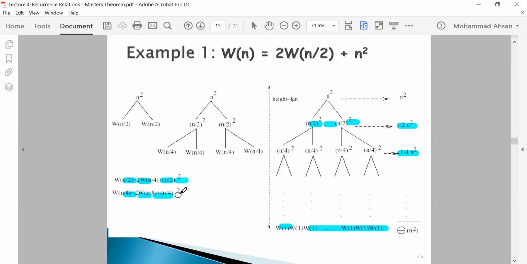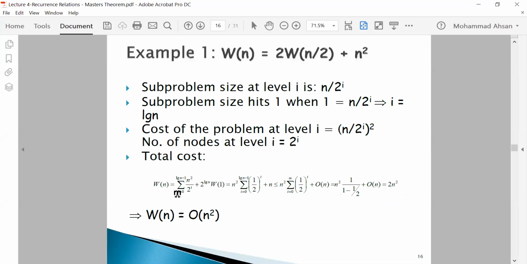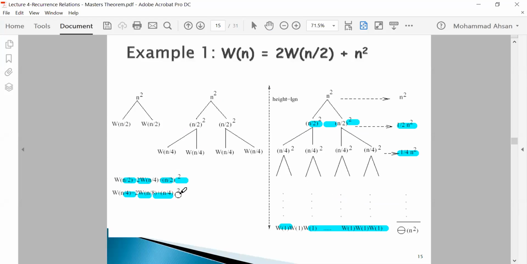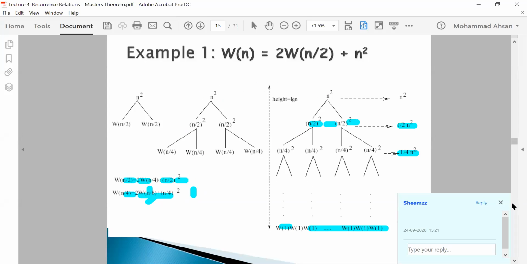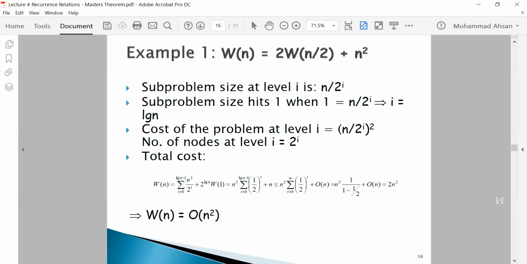Let me see, we'll do it. So you get down to W1 when this n by 8 here should get down to 1. Let me show it to you here.